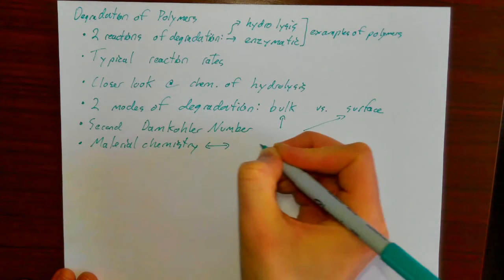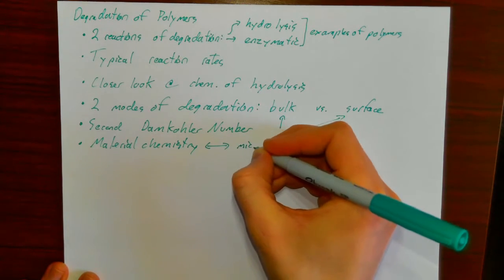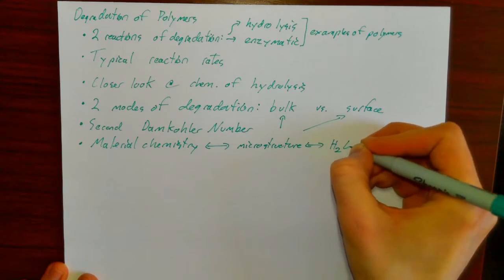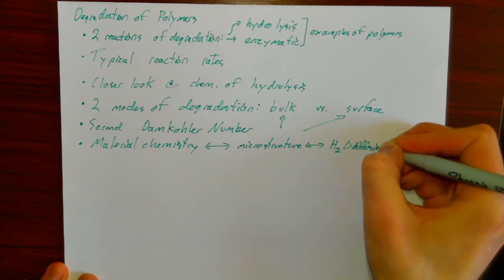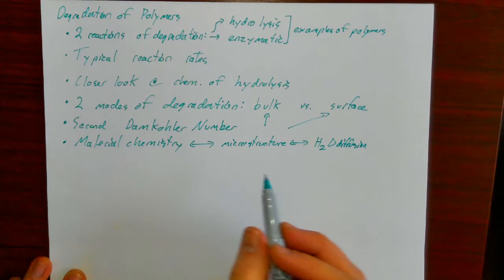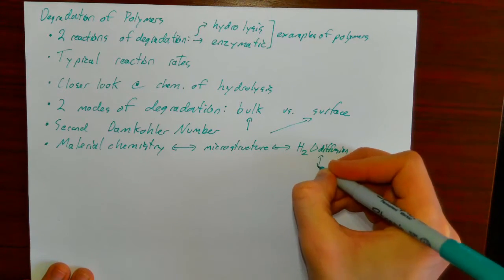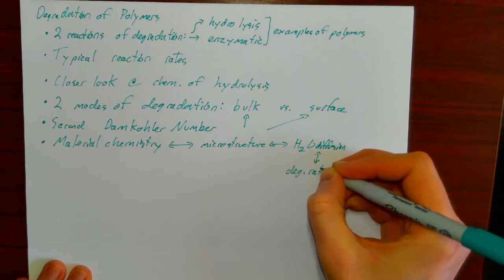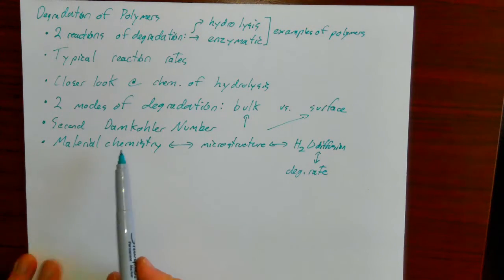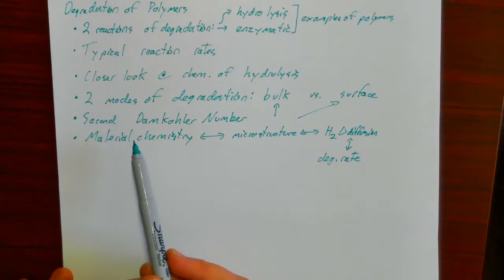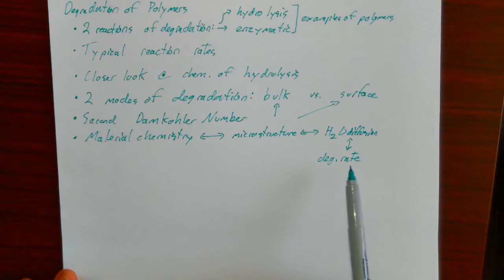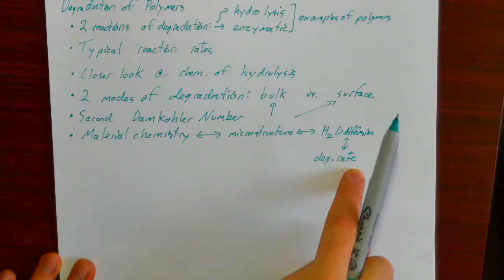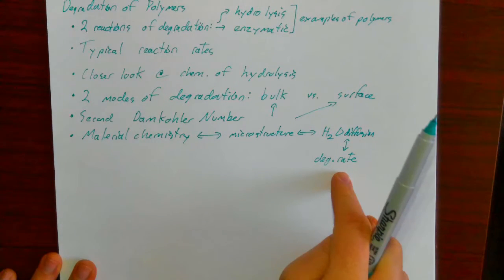And how the material chemistry relates to its microstructure, which relates to water diffusion within the material, and ultimately how this relates to degradation rate, and basically how choosing the actual chemistry of the material can have an effect on its degradation rate, independent from the reaction rates, but how material chemistry can affect microstructure to have an indirect effect on degradation rate.